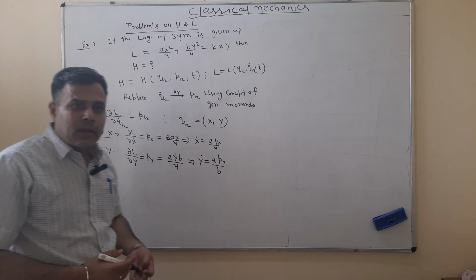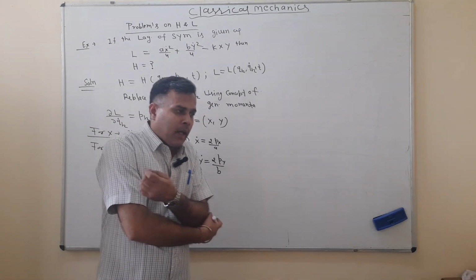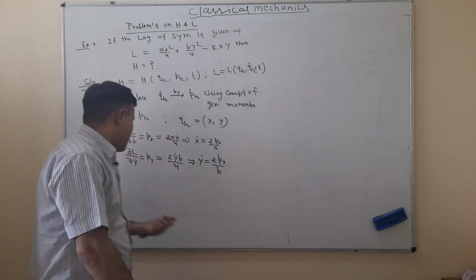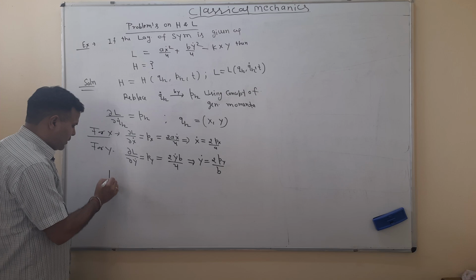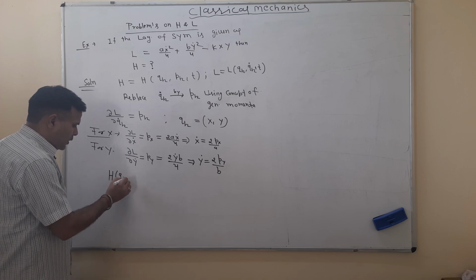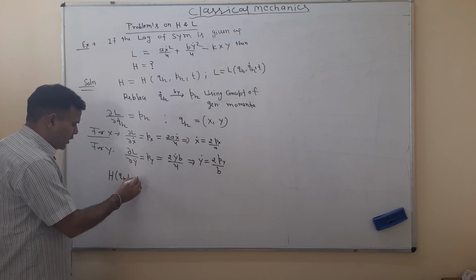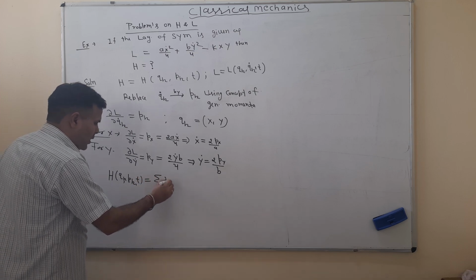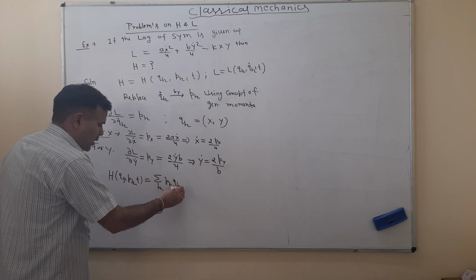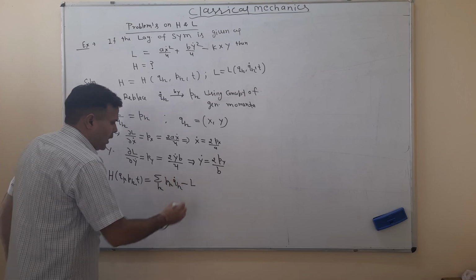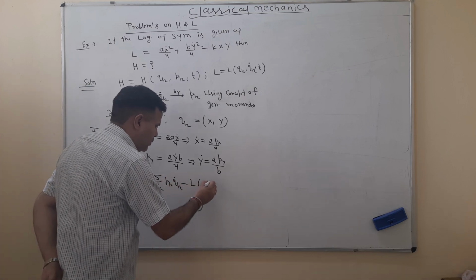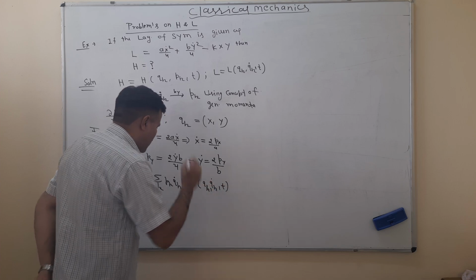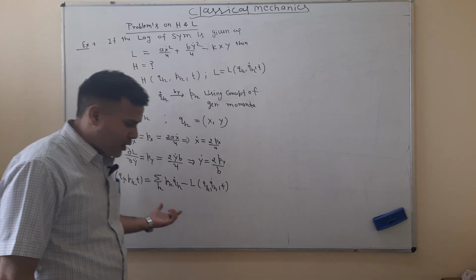And how to convert our L into H? We have a relation between L and H, and that relation is simply H of qk, pk, t equal to summation over k of pk qk dot minus L, which is a function of qk, qk dot and t. This is a very standard relation.